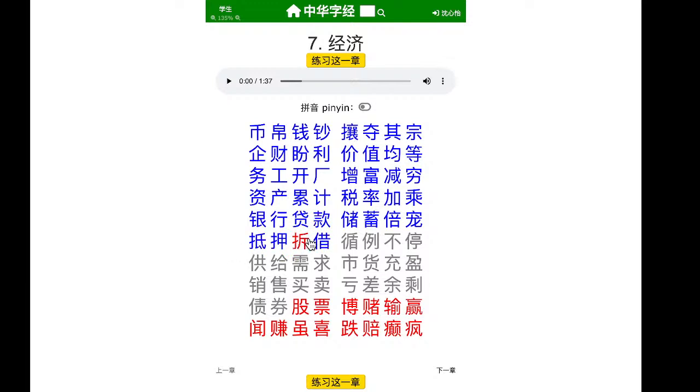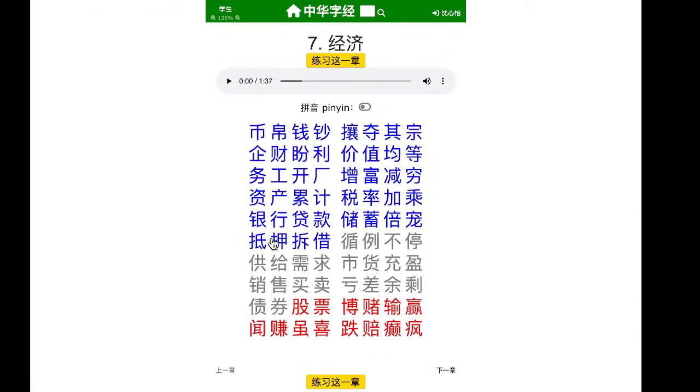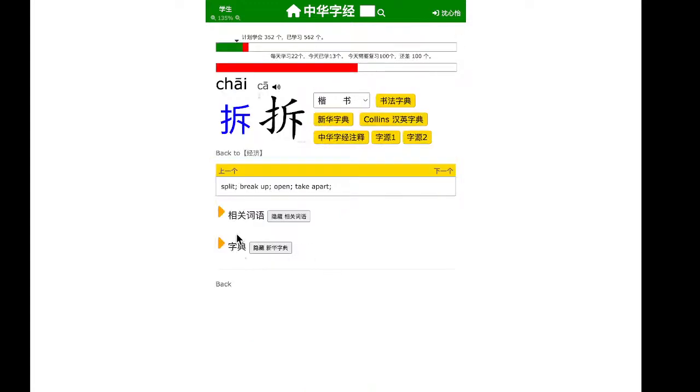This 抵押拆借. You borrow money by giving collateral. But what has that 拆 got to do with it? 拆借 is a word. It's got to be in here then.